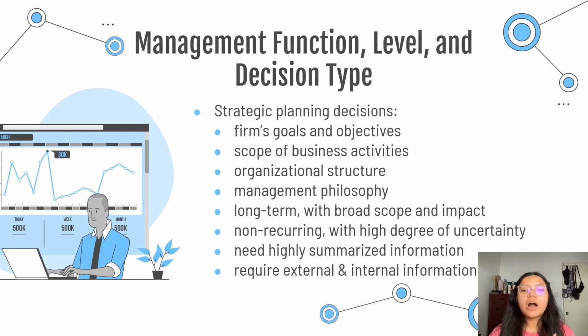Judgment is often central to the success of the decision. They also require highly summarized information. Strategic decisions focus on general trends rather than detail-specific activities. And lastly, strategic decisions require external as well as internal sources of information.